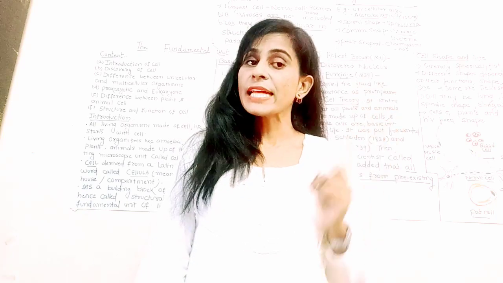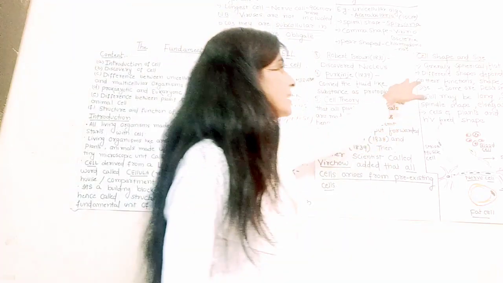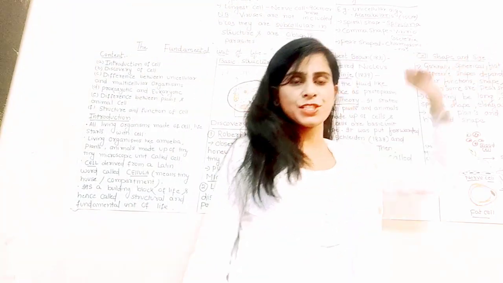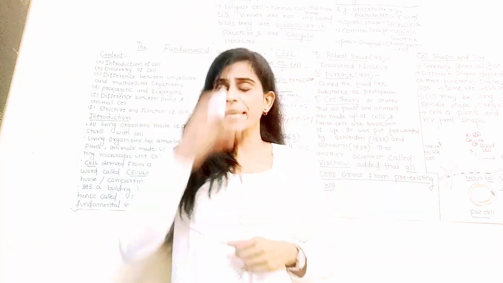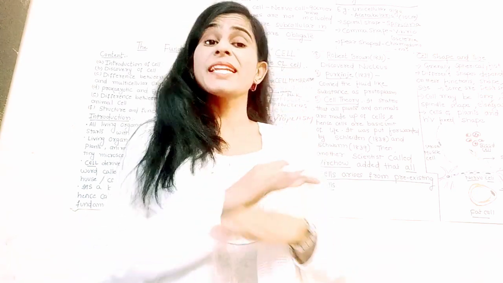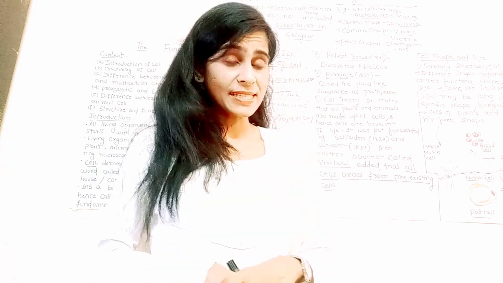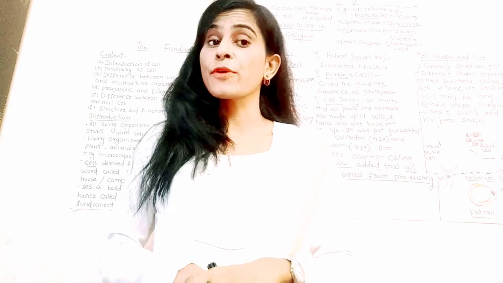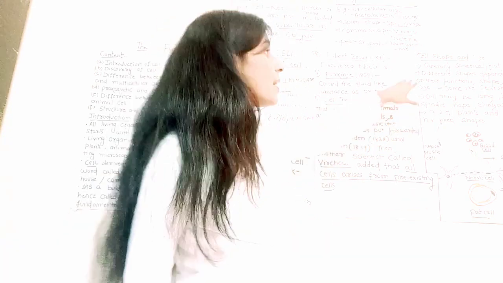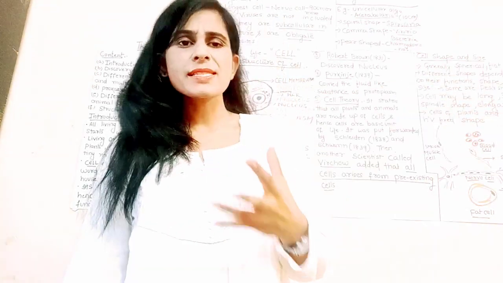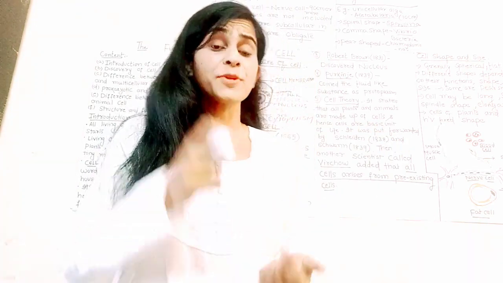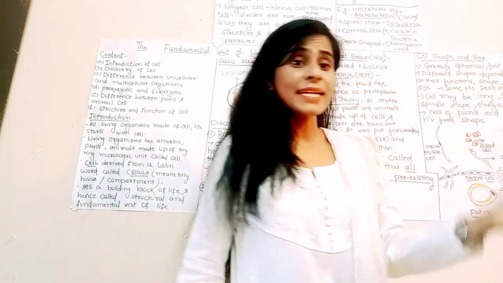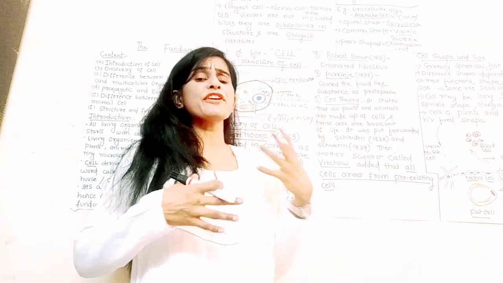Now let's move on to another concept, that is cell shape and size. How is the cell shape, how is the cell size? Amoeba generally has an irregular shape. All the cells may be spherical, disc shaped, rod shaped, comma shaped, pear shaped, or flat shaped.